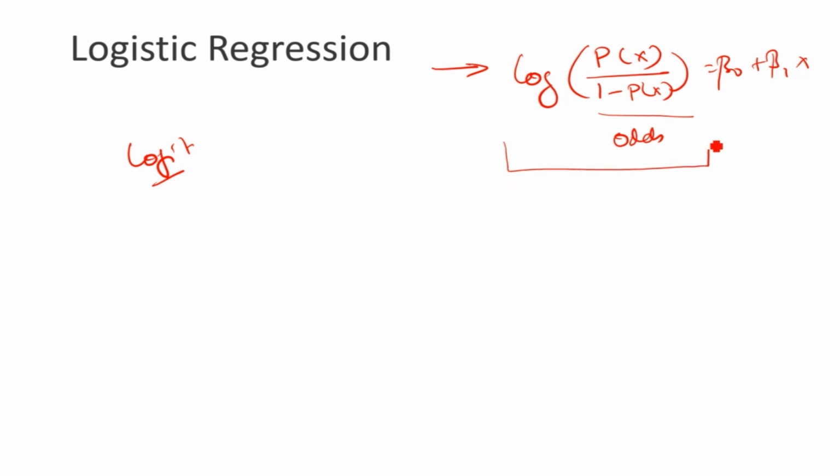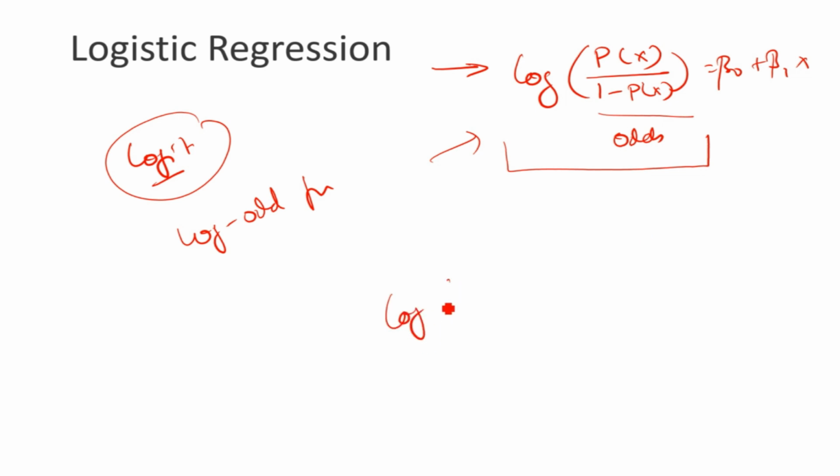And whatever is on the left hand side is called the logit function or log odds function. The odds is the ratio of the chance of success to the chance of failure. And as a result, in logistic regression, a linear combination of input is translated to log of odds with an output of 1.